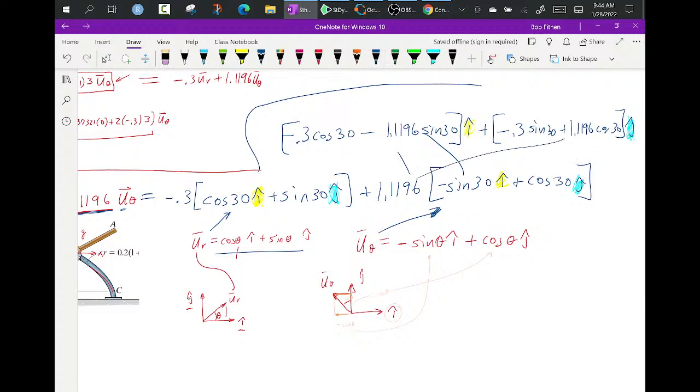So that's how you convert between the two.